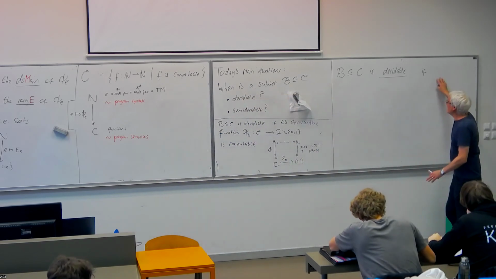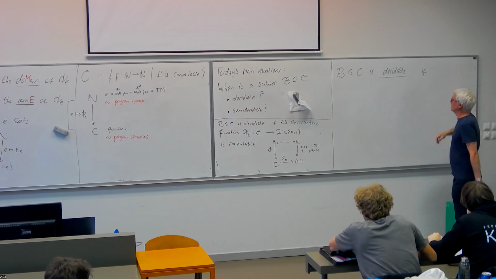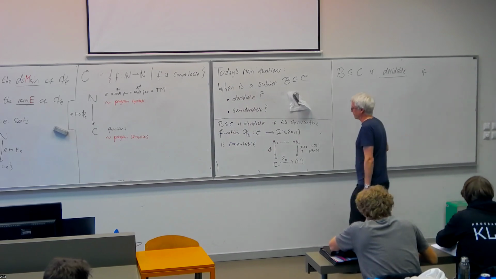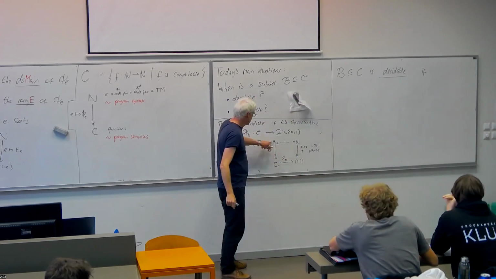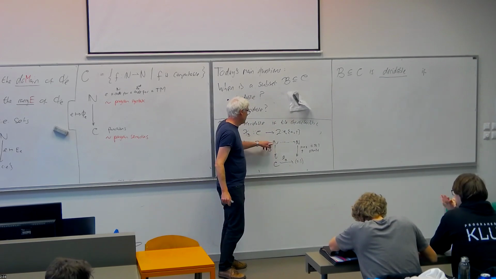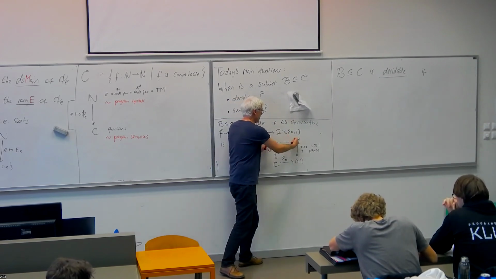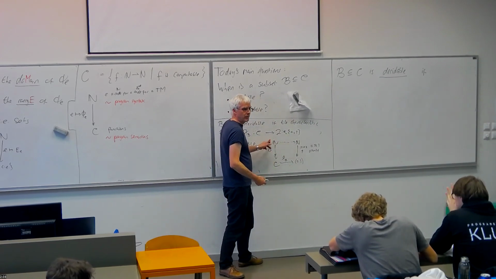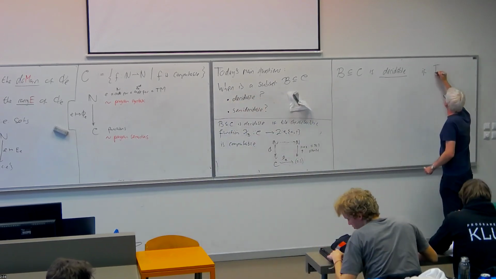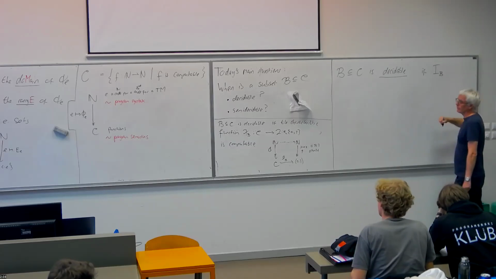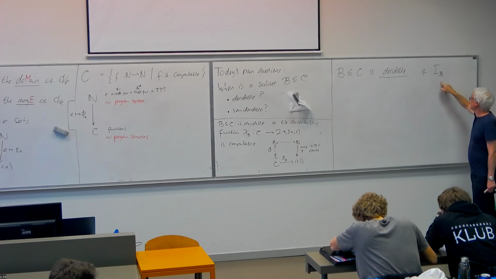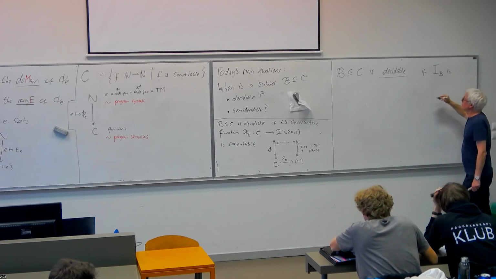So what we get is that the subset B is decidable if the set of codes for elements of B, which is all the things we need to send to 1, is a computable set. If we call this I sub B, in computability theory, the set of indices for the set B is a computable set.